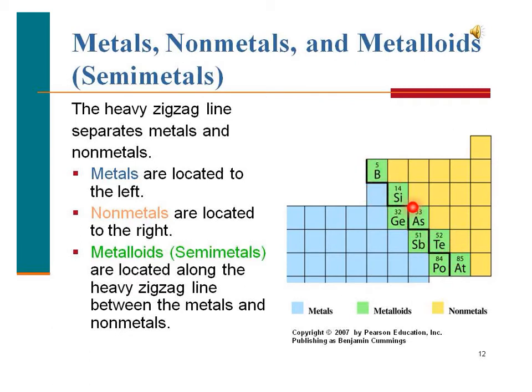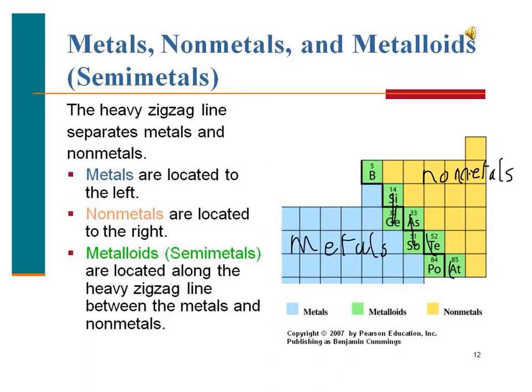This staircase step line divides metals from nonmetals. Elements that touch the staircase step, there, and there, are referred to as metalloids or semimetals.